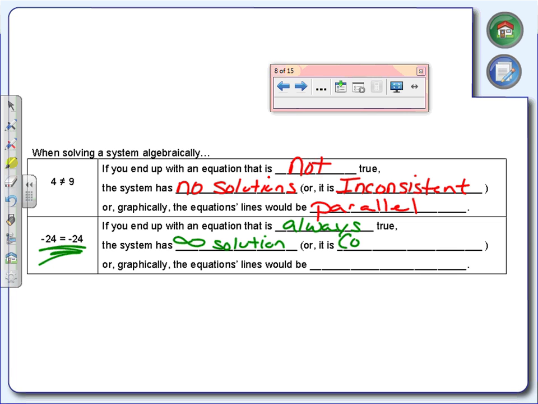We call it consistent. Or graphically, the equation lines would coincide.